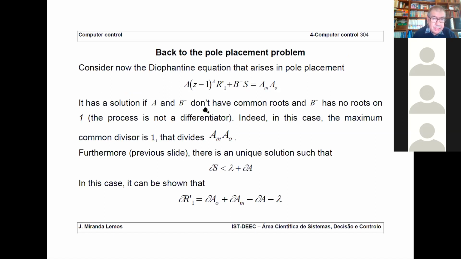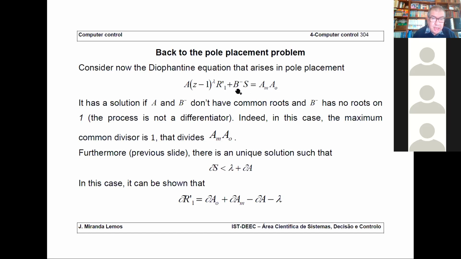Now, if B minus has no common roots with A, and no roots at 1 also, then the maximum common divisor of these two coefficients is 1, and 1 exactly divides Am, Ao.